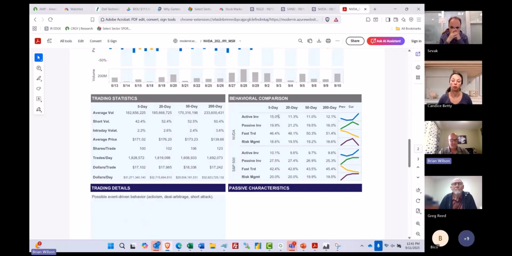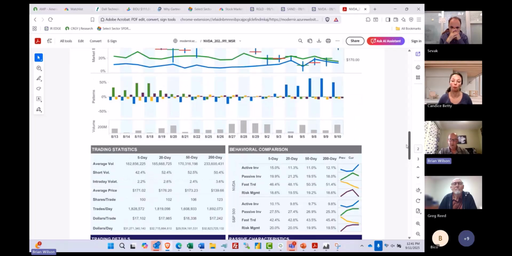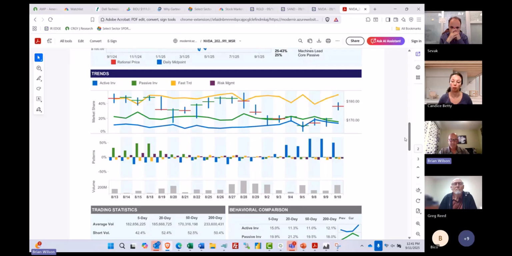This was a fascinating read to me when I pulled it up on Thursday. Big blue pattern. What that represents is active investors. So active investors, I think, detected an opportunity. They aggressively swooped in and they bought the pricing dip. And you can see that share price has now moved higher.